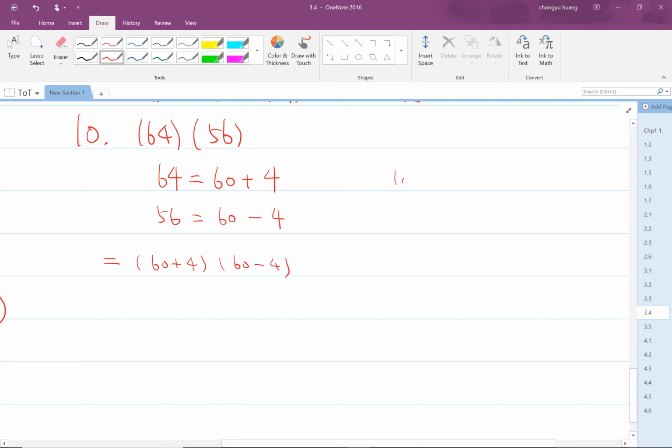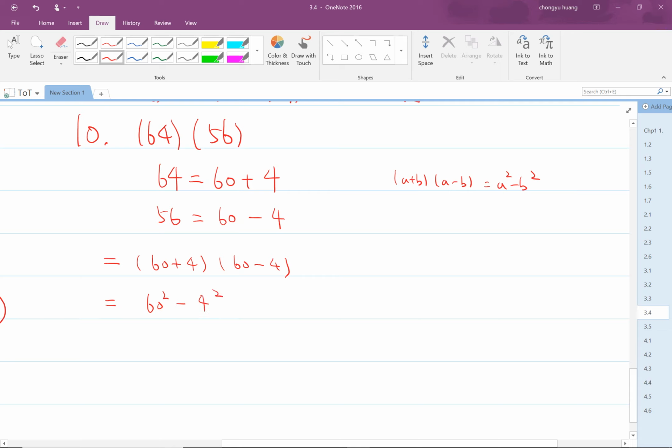We want to use the property (a plus b)(a minus b) is equal to a squared minus b squared. So now we are able to use the property over here. We have 60 squared minus 4 squared, right?